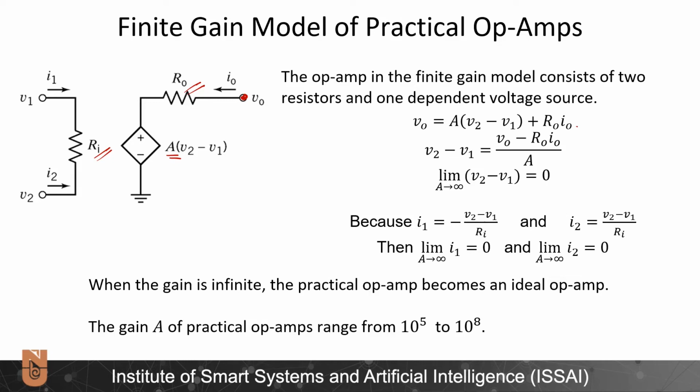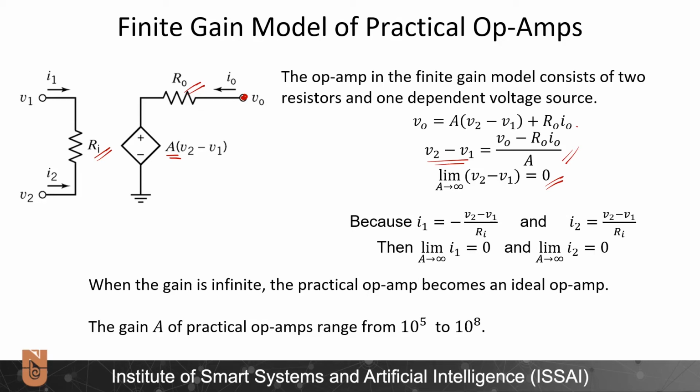From here, I can extract V2 minus V1 as (Vo minus Ro times Io) divided by A. If I take the limit of the expression V2 minus V1 when A goes to infinity, then the result will be equal to 0, because A is in the bottom part, and when A goes to infinity, this expression will get smaller and smaller.